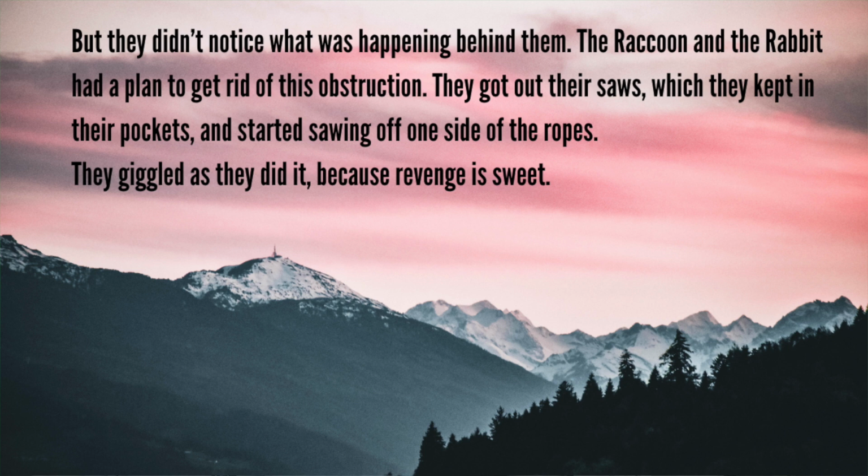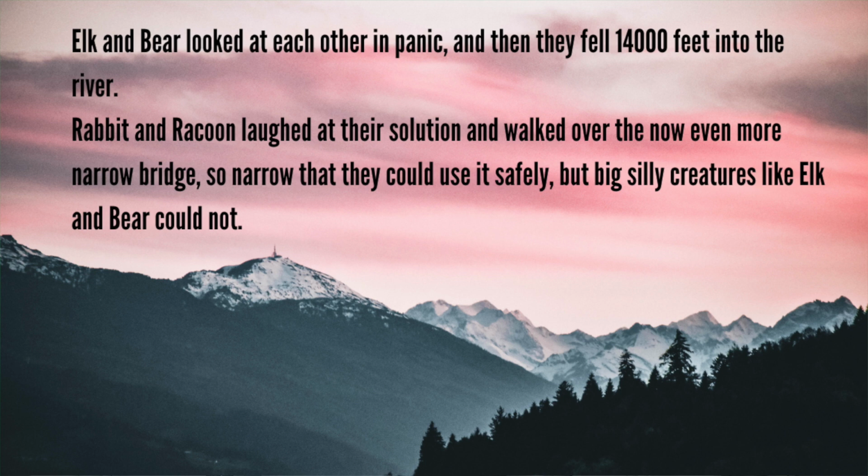But they didn't notice what was happening behind them. The raccoon and the rabbit had a plan to get rid of this obstruction. They got out their saws, which they kept in their pockets, and started sawing off one side of the ropes. They giggled as they did it, because revenge is sweet. Elk and Bear looked at each other in panic, and then they fell 14,000 feet into the river.